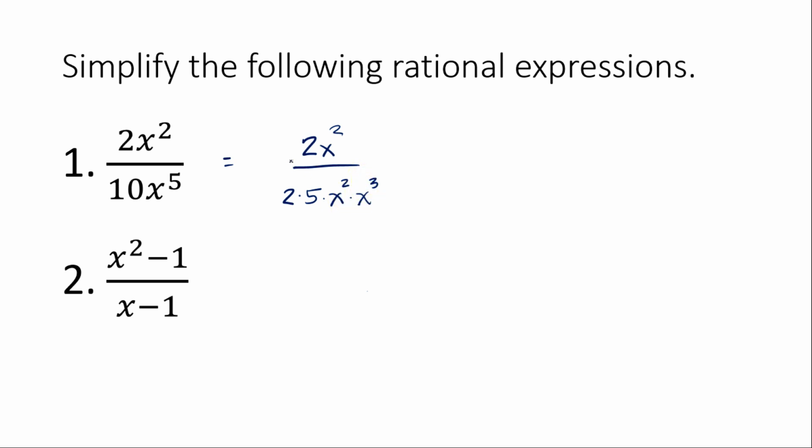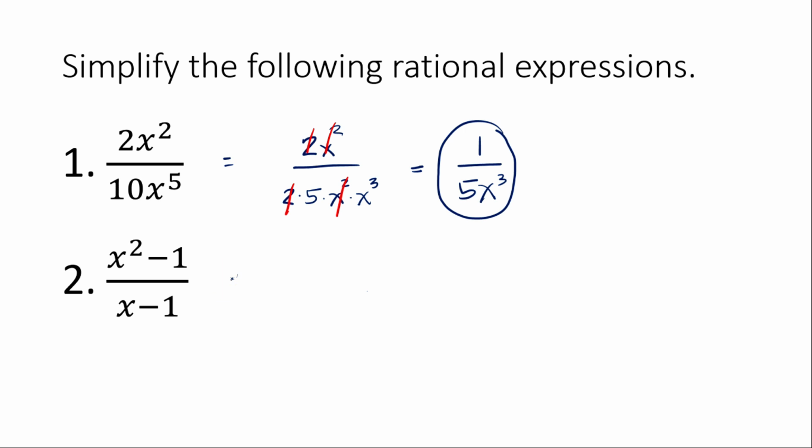And from here, you can see na pwede nating i-cancel yung mga terms na 2x squared so that we can now have the simplified form 1 over 5x to the third power. Sa taas sa numerator, na-cancel out lahat. So, you're going to write 1.